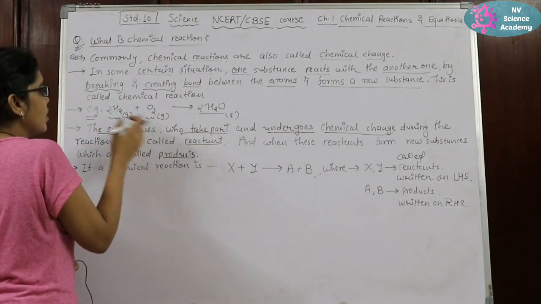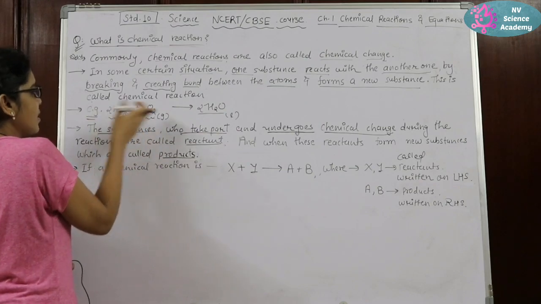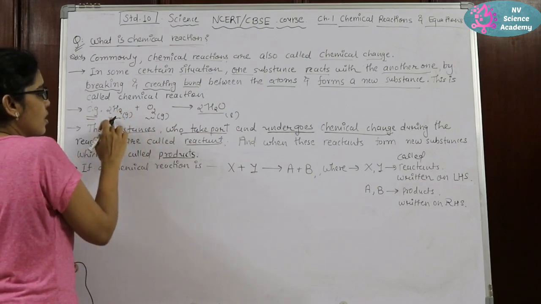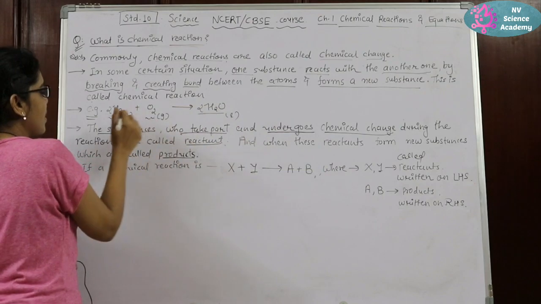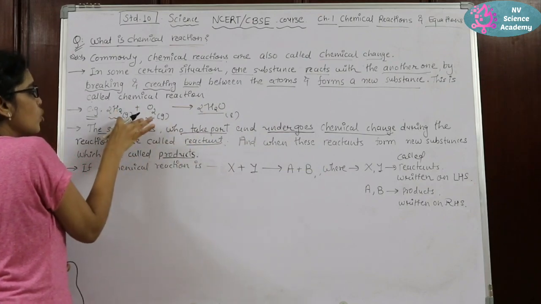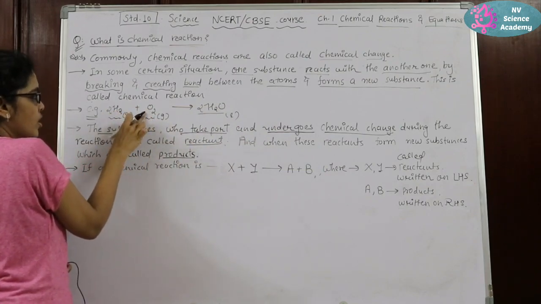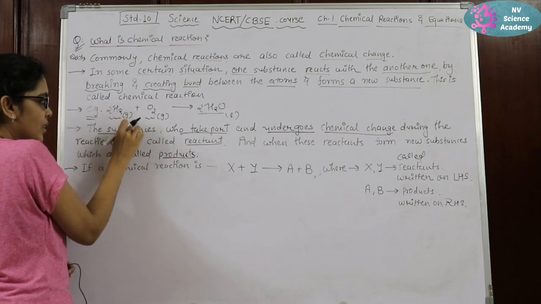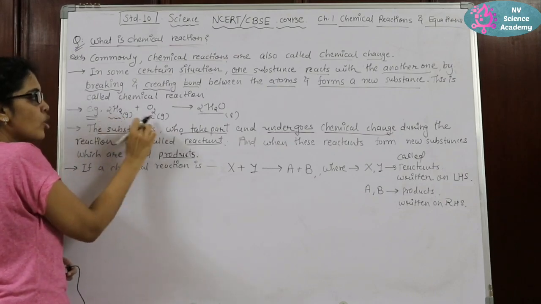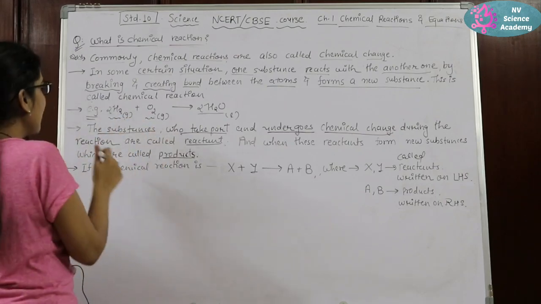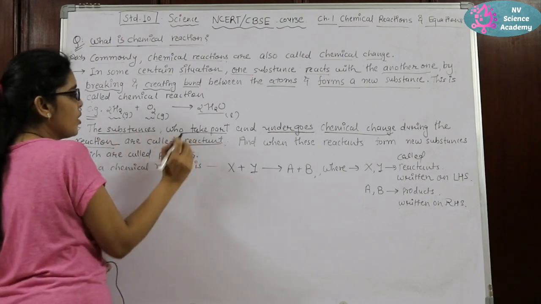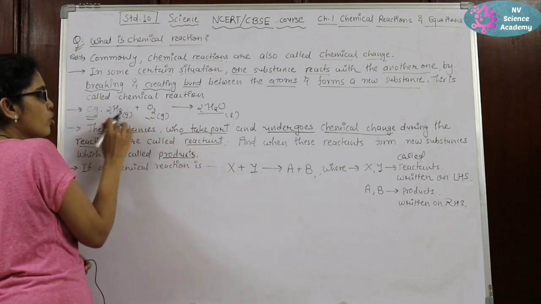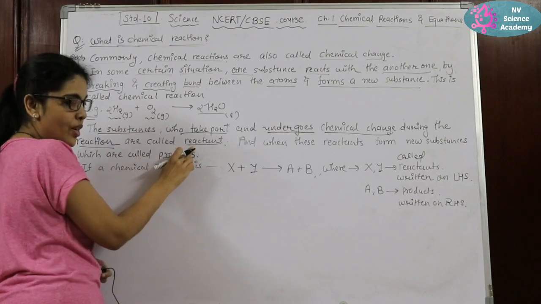We will now learn this definition again in this equation. Here the two substances, hydrogen and oxygen, are taking part in this reaction and undergo chemical change during the reaction, so they are called reactants. In this equation hydrogen and oxygen are called reactants.